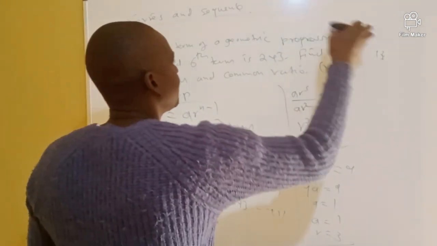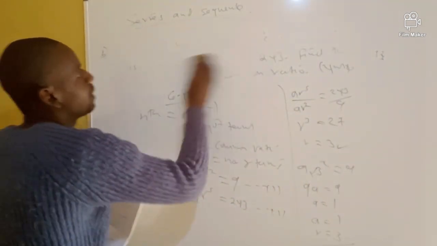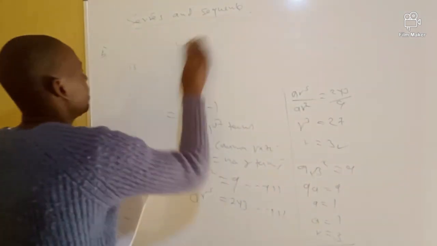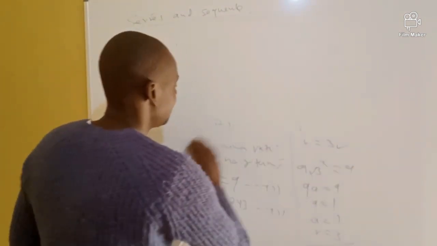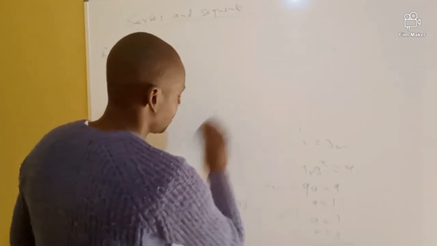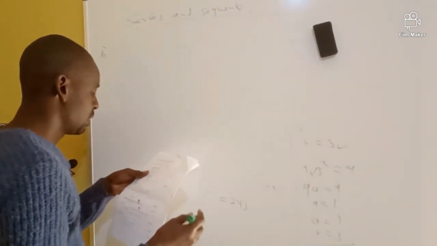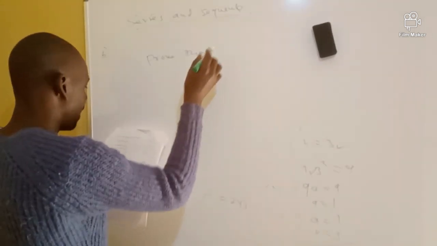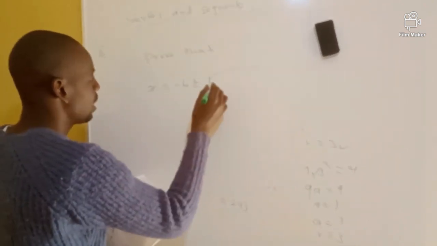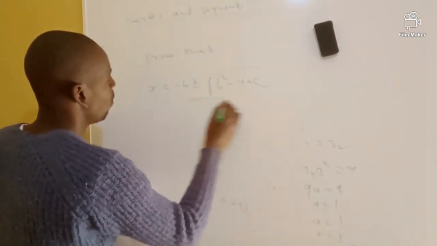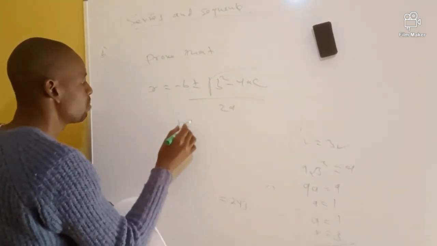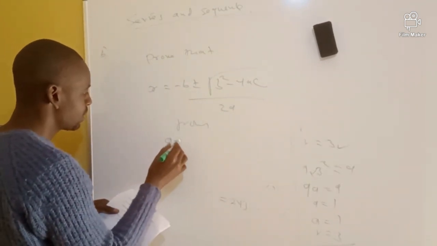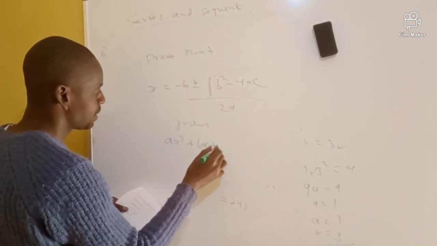The assignment is: prove that x is equal to negative b plus or minus the square root of b squared minus 4ac, all over 2a, from ax squared plus bx plus c is equal to 0.